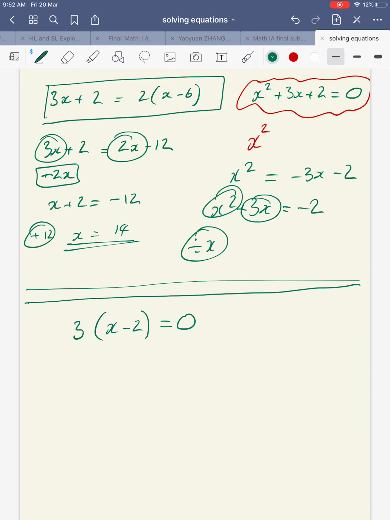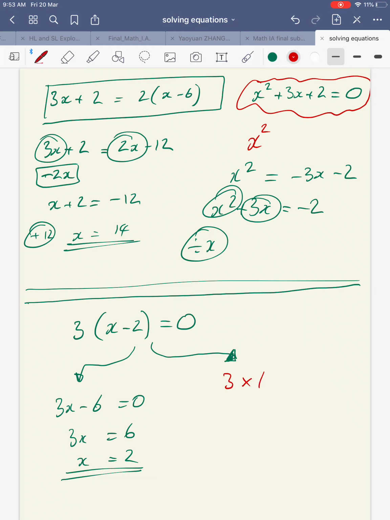And so here's what many of you will have done. You will have expanded 3x minus 6 equals 0, 3x equals 6, therefore x equals 2, which is correct. But there's an alternative way of doing this, and if I show you the alternative way, this is the key to solving quadratics. Because now I'm going to do this. 3 times something equals 0.